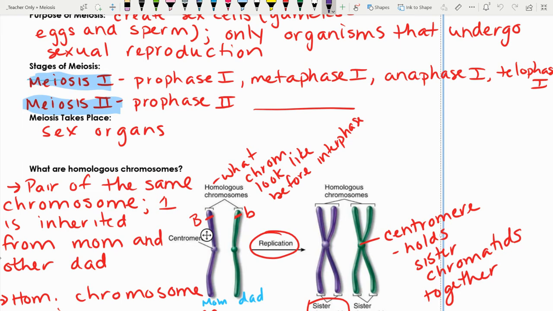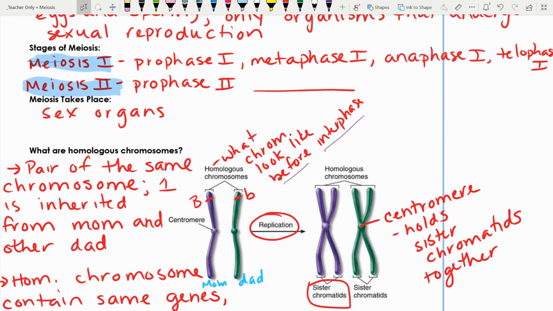On the left here, this is what a chromosome looks like before interphase, and this is after the replication has taken place. You probably remember the term sister chromatid and the term centromere, which holds those sister chromatids together.